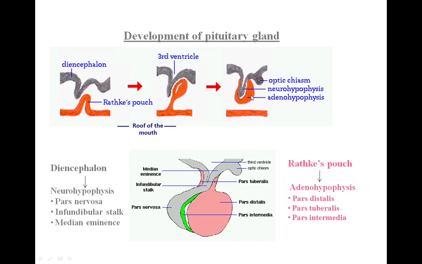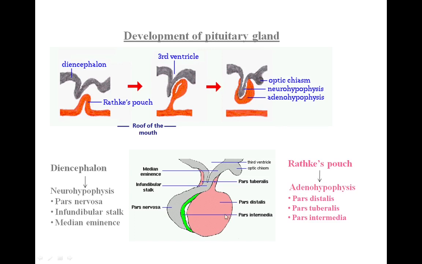Okay, so both anterior pituitary as well as posterior pituitary are developed from the ectoderm. The posterior pituitary from the neuroectoderm, and the anterior pituitary from the ectoderm of the roof of the mouth. So the pituitary gland is also developed from the ectoderm.